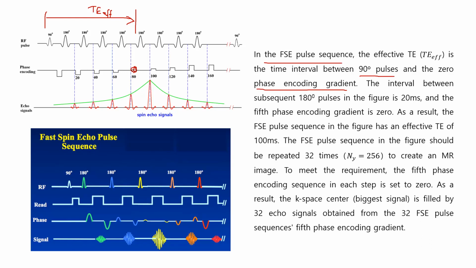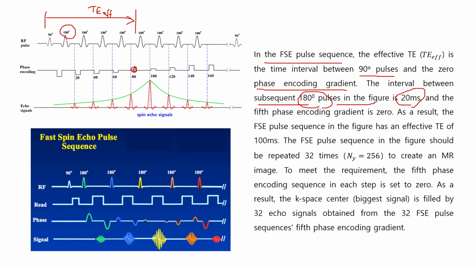So the phase encoding gradient is changing every time before the 180 degree pulse is applied. The interval between subsequent 180 degree pulses in the figure is 20 milliseconds.